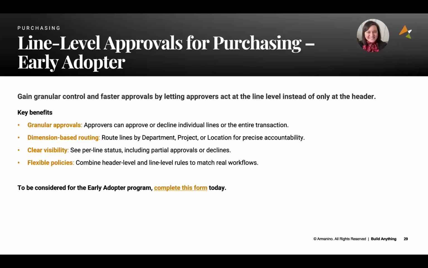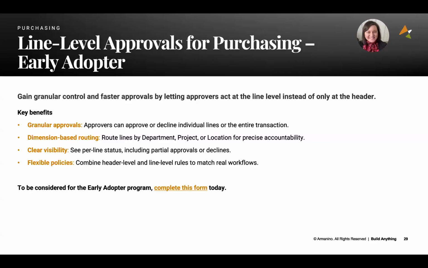It allows you to send your purchase order line by line to the approvers that are required, right? So if you've got a purchase order and there are different dimensions on each line, projects or grants, locations, et cetera, and you have department heads, project managers, and locations set up in Sage Intacct, then the PO will transmit line by line to the appropriate personnel that need to provide their time and attention to approve those particular lines.